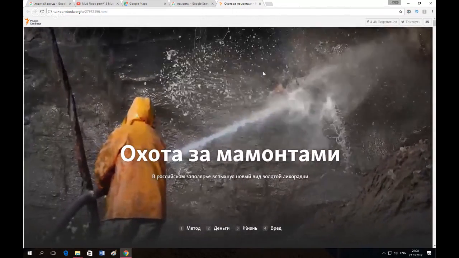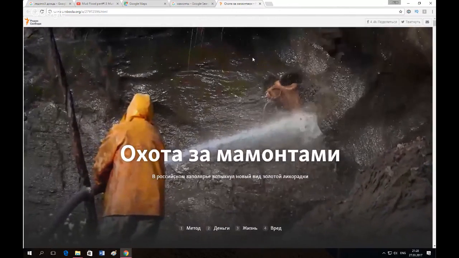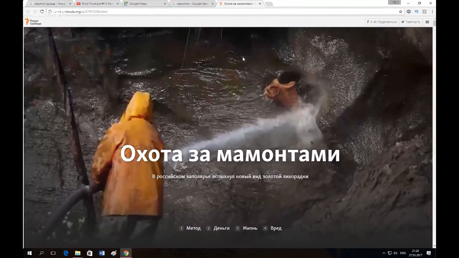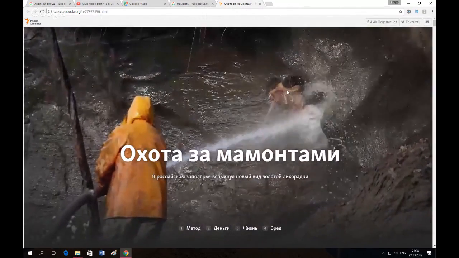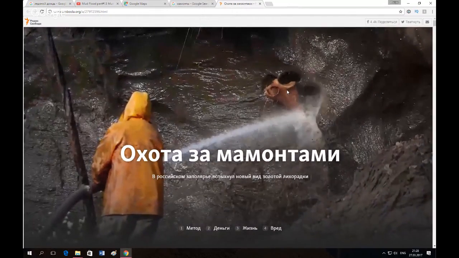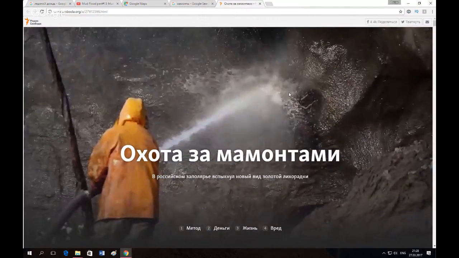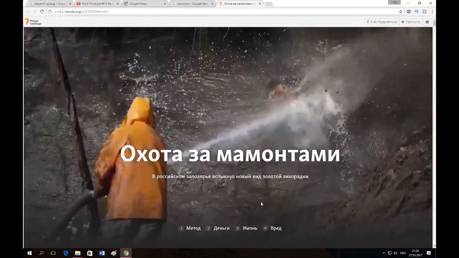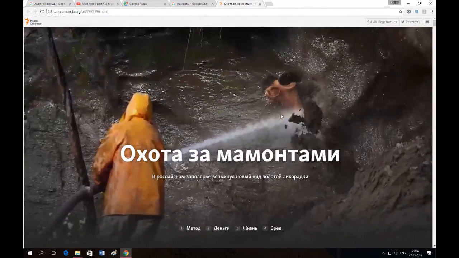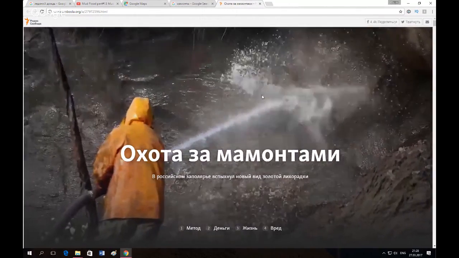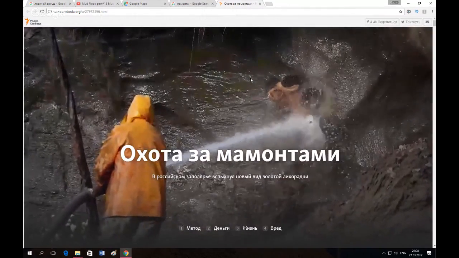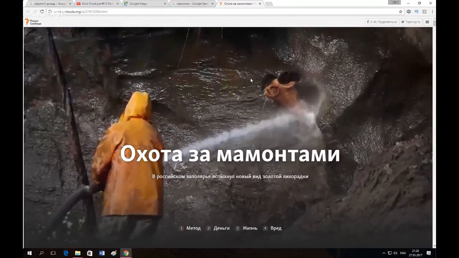So if the mammoth actually got trapped in the mud, that pretty much explains how he got there, but it doesn't explain how he was totally saved, with the meat and body not destroyed in any way. Sometimes he even has green food in his stomach, which was not dissolved.